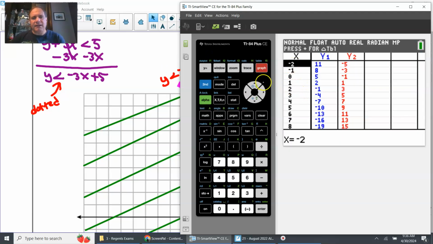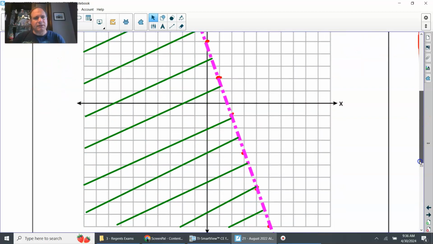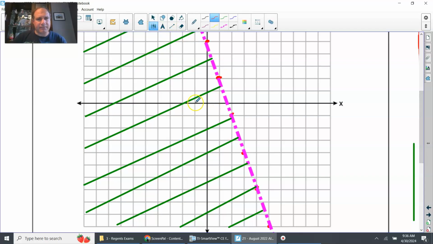So we have -2, -5. Let's see if I could go -4, -9 is the first. -4, 1, 2, 3, 4, and -9 is all the way down here.